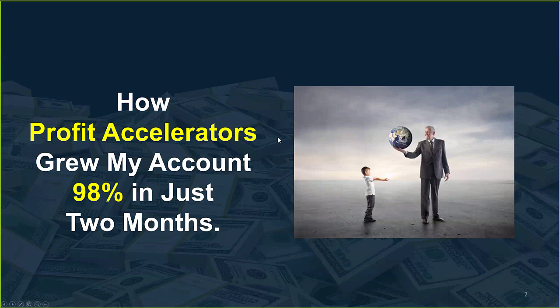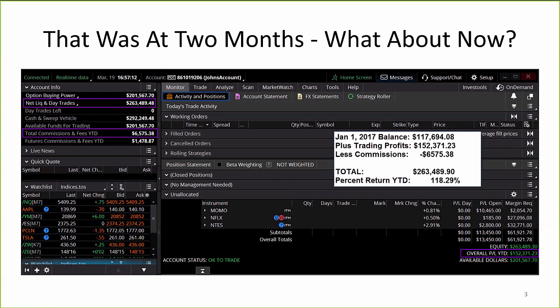When we first released these indicators, at the beginning of March, maybe end of February, the account I use for my trading room was up 98%. By the time we did the first release, the account continued to grow.